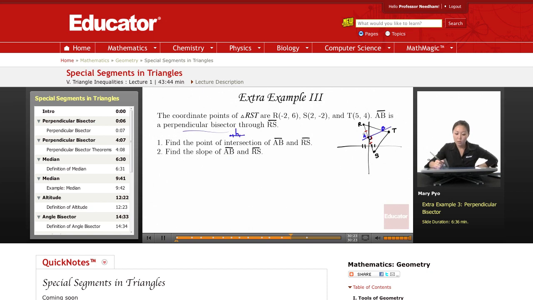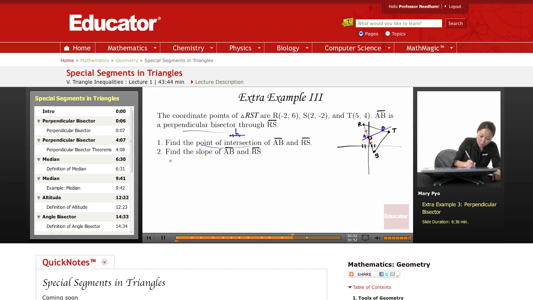So the point of intersection, we know, is right there, right? We also know that point A is the midpoint of RS. So as long as I find the midpoint of RS, that would be the point of intersection between the two segments, right? Because this segment and this segment meet at point A, which is the midpoint of RS. So the point of intersection is going to be the midpoint.